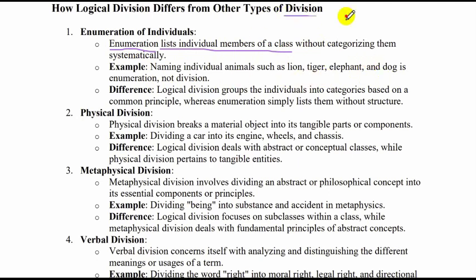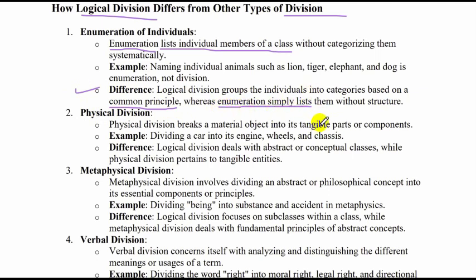So there is a division and there is a logical division. Logical division groups the individuals into categories based on common principle. So here now we are learning about division based on common principles or single principle, whereas enumeration simply lists.